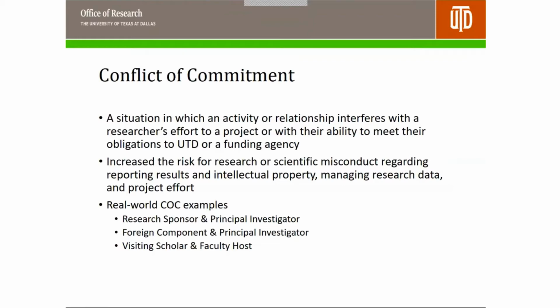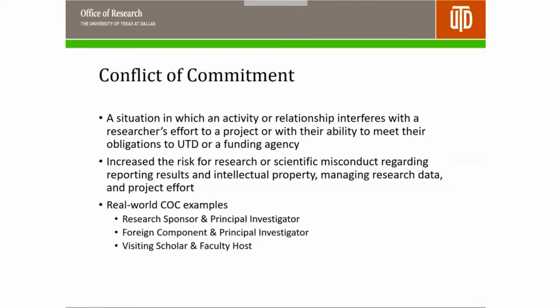Again, that relationship creates a competing interest that needs to be declared and reported to the funding agency, to make sure it is not interfering with your obligations to the funding agency.